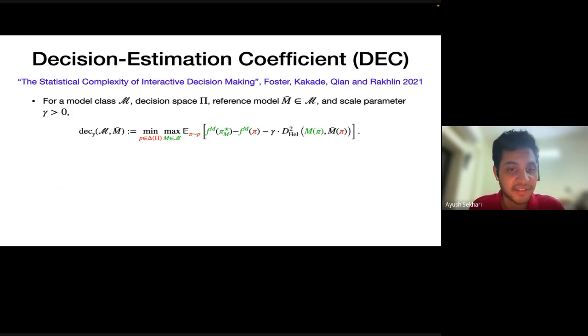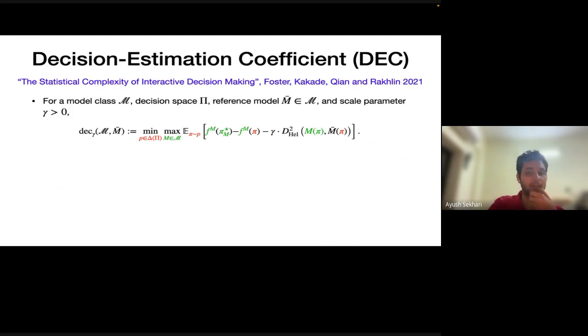Just pay a bit of attention here because this will be an important quantity that will come again and again throughout the talk. So I think it's useful to delve a bit into what this quantity is. The decision estimation coefficient of a class M with respect to reference model M bar and a scale parameter gamma is the value of a min-max problem, where the min player chooses a distribution over the decision space and the max player chooses a model over the model class.